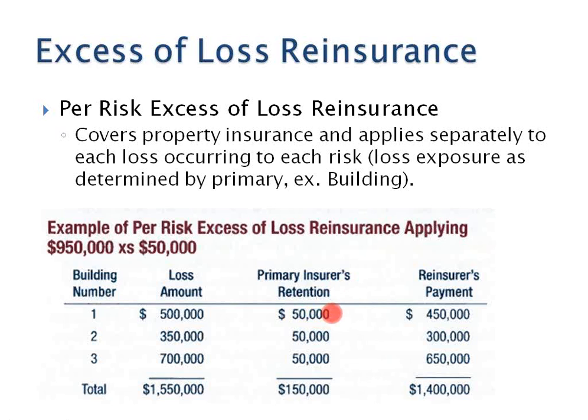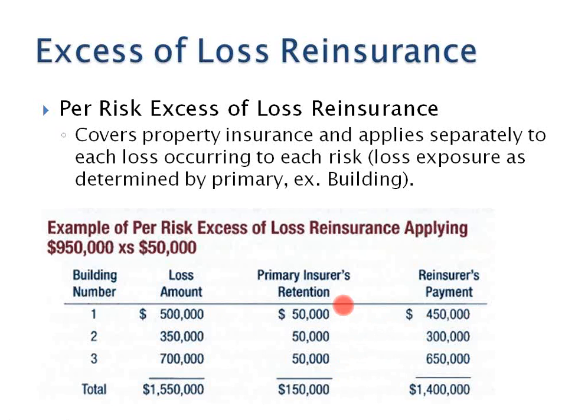Let's say the policy was $500,000 or $600,000. What's going to happen is that the primary insurer is going to pay the $50,000, and then the reinsurer is going to pay the rest of the balance of that loss amount.